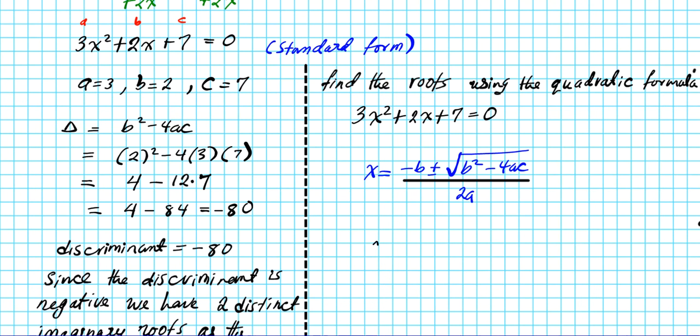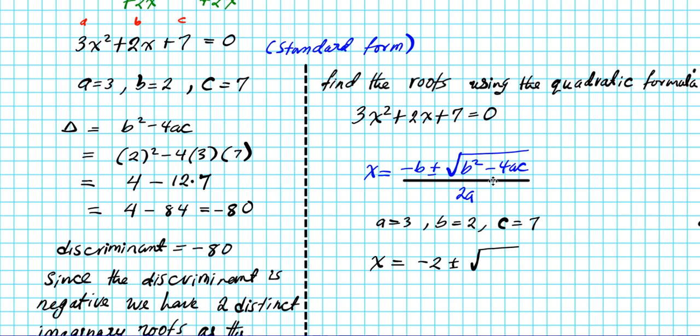Now, the nice thing about finding the discriminant is that we already know what goes underneath the square root. So let me put a, b, and c back here. a is 3, b is 2, c is 7. So x is negative b, negative 2, plus or minus the square root of b squared minus 4ac.